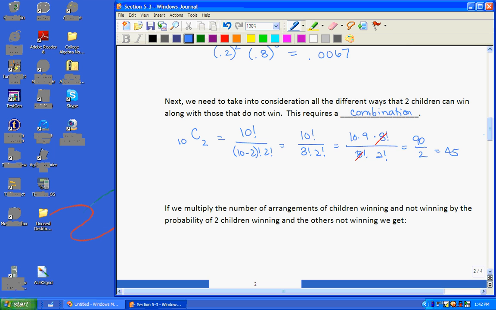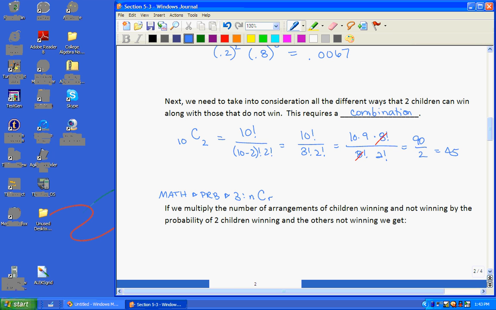You could also do this in your calculator: hit your math button, go over to PRB, and then number 3 should be your NCR.